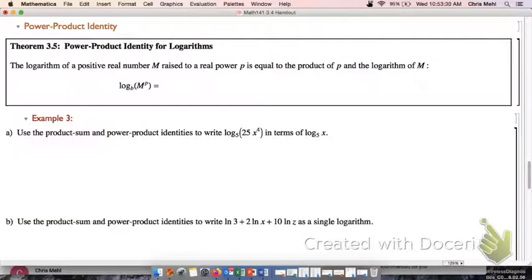Okay, and the last and third property of logarithms is called the power product identity.